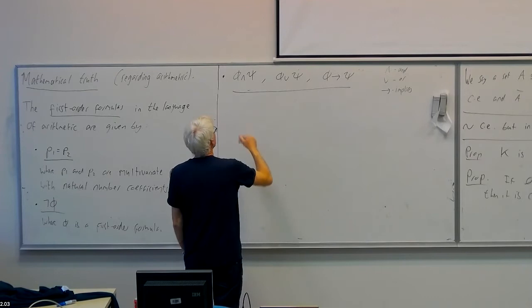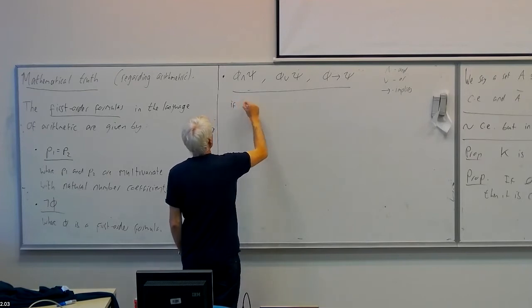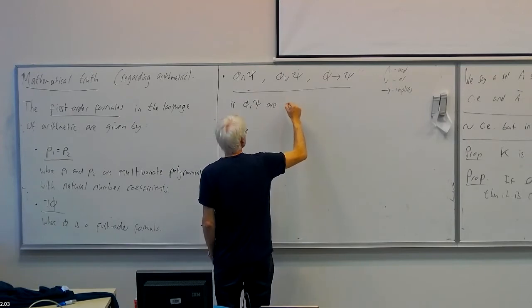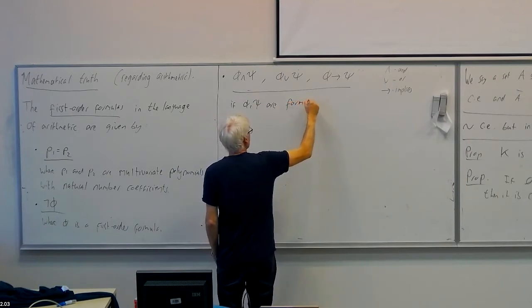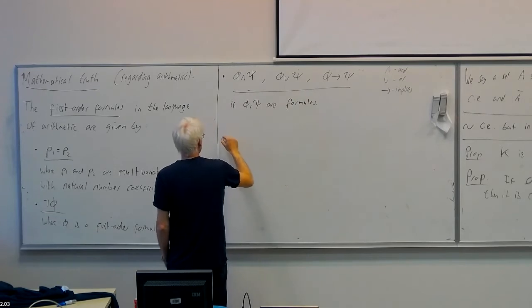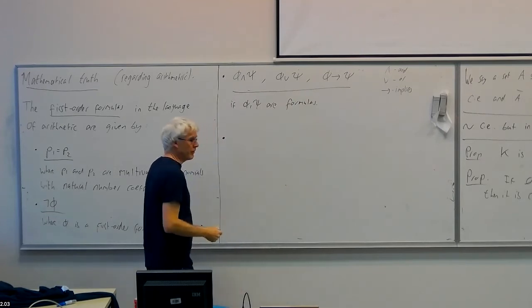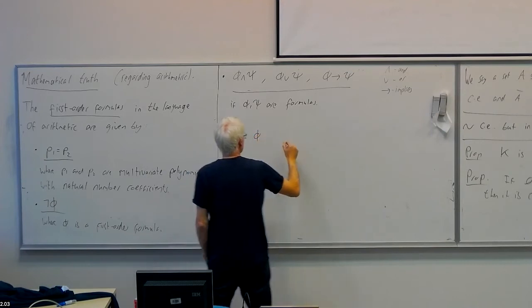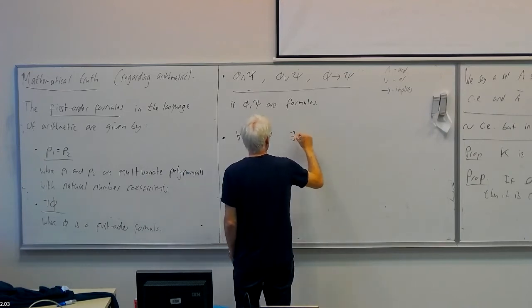Conjunction, disjunction, implication. So if phi and psi are formulas, I just write formulas rather than first order formulas. And lastly, we've got quantifiers, which is for all x phi and exists x phi.